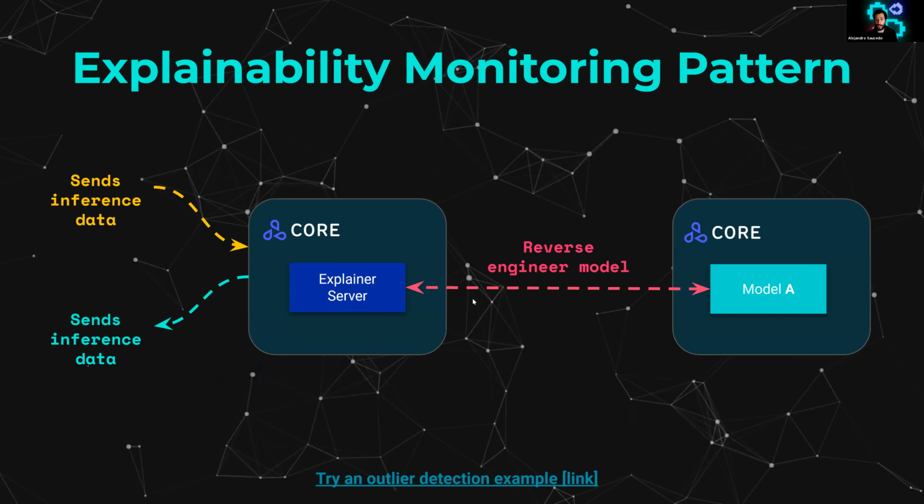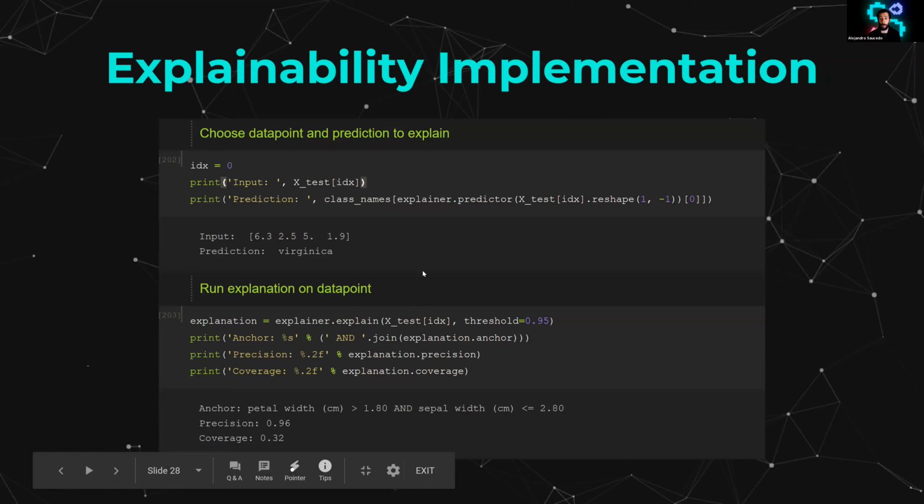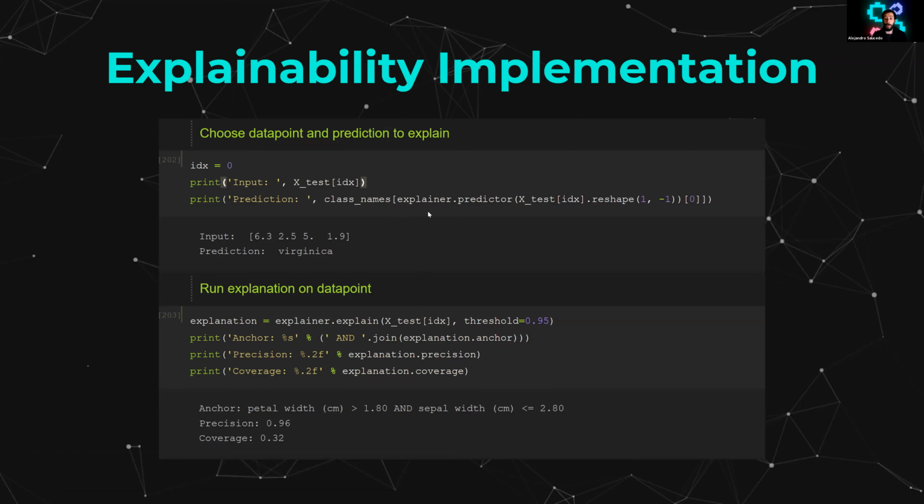And the way that this looks, I guess before actually diving into what it looks like from a monitoring pattern, what this basically looks like from a model is, instead of actually just calling a prediction, you would be able to pass the model itself to an explainer, right? And request an explanation.